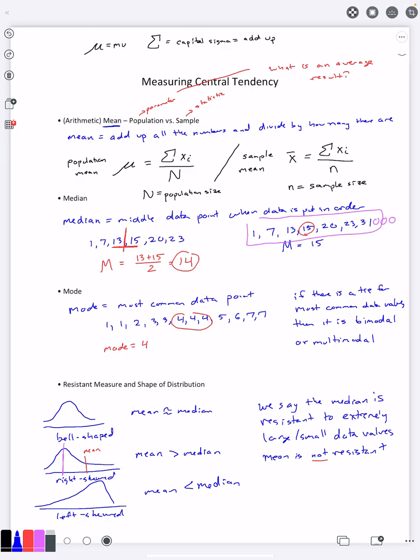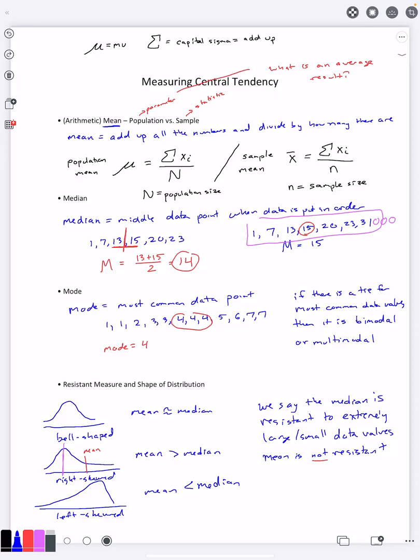They almost always use median for that because it's a more realistic measure of what the average might be in that case. So anytime you have skewed data, mean is probably not the best choice to use to describe what's going on. However, if your data is bell-shaped, mean would probably be just fine to use to describe your data.